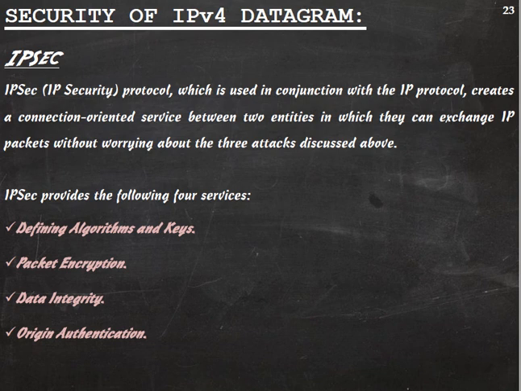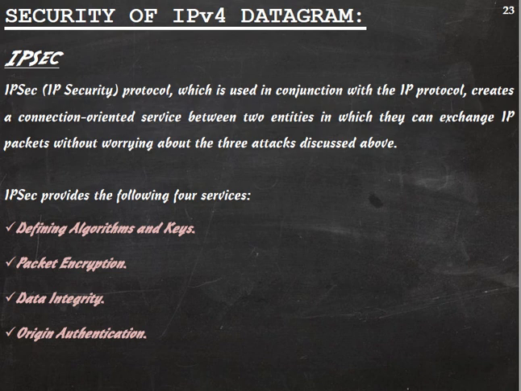The first one is defining the algorithm and the key. Second one is packet encryption. Third one is data integrity, and the fourth one is origin authentication. The first one is defining the algorithm and key.